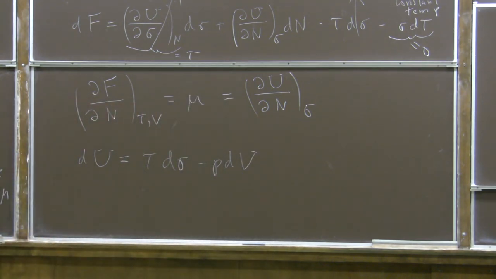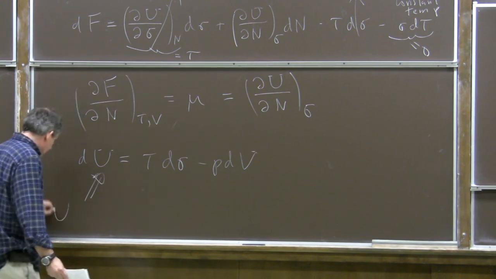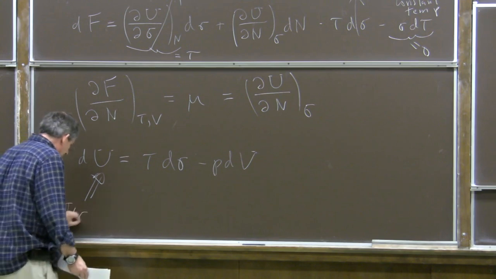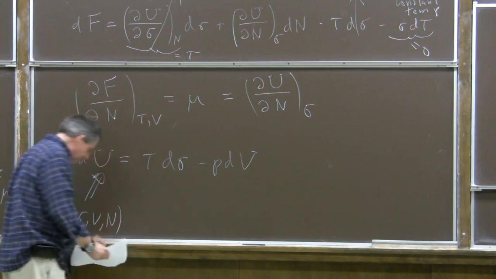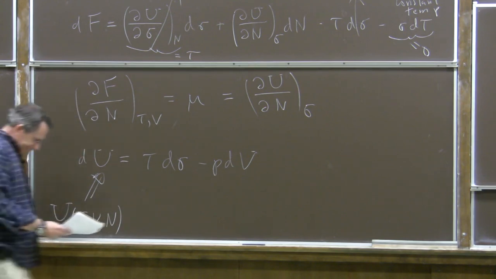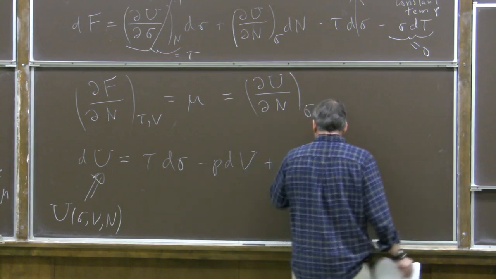That's right when the particle number is fixed, but if we change the particle number as well, so now we're regarding the internal energy as a function of the entropy and the volume and the particle number, then we can add plus mu dN.